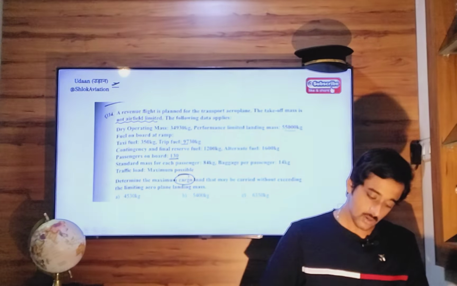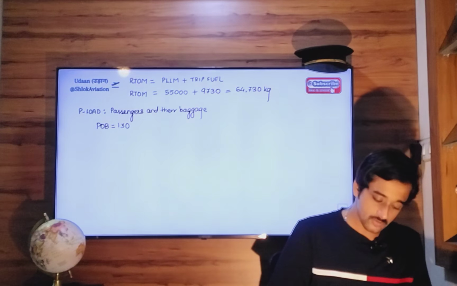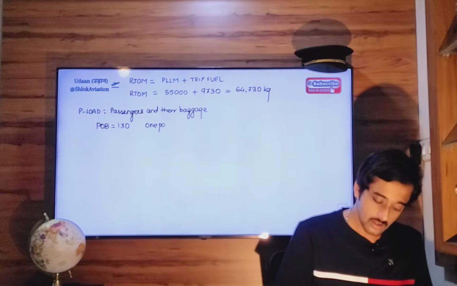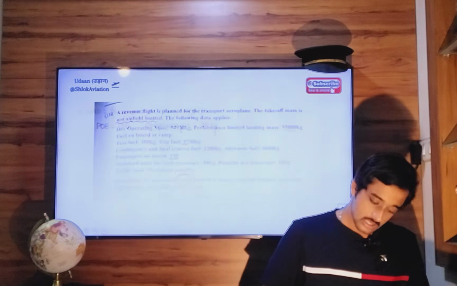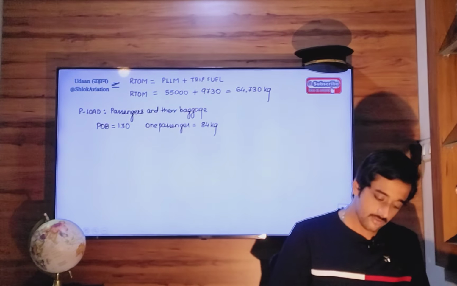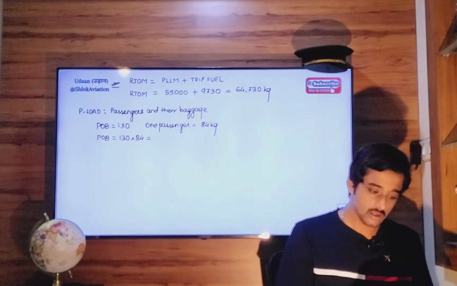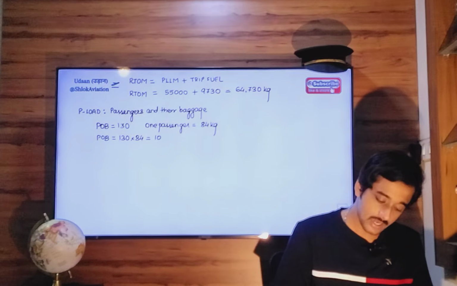Every passenger weighs 84 kg. So one passenger is 84 kg. 130 will weigh 130 into 84, 10,920 kg.